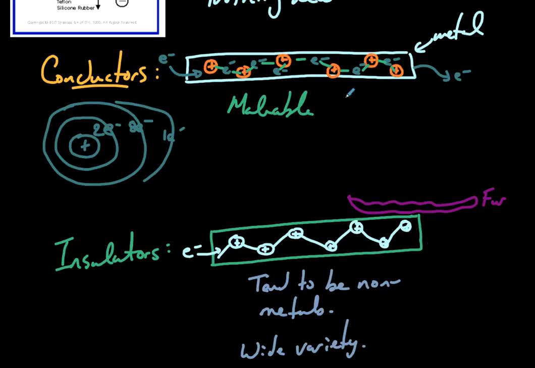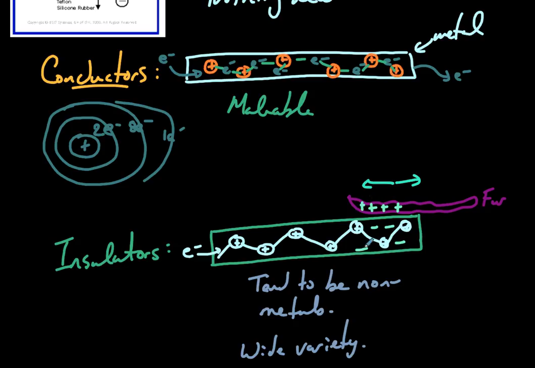In every atom there's an equal number of protons and electrons. You do some rubbing here, and some electrons are going to leave the fur and end up on the rod, and they're going to be extra, and we're going to leave behind a positive charge on the fur, okay?